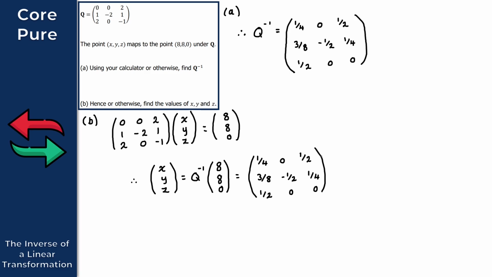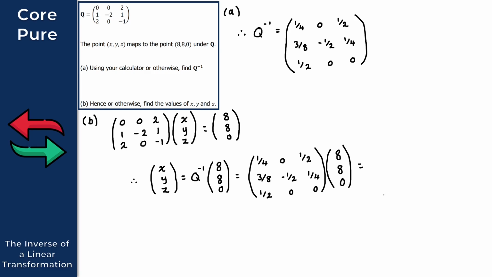Okay. And we multiply this by 8, 0. To find this product, just as we did for part A, I would recommend using your calculator. You can do it by hand, that's absolutely fine, but using a calculator is far easier.